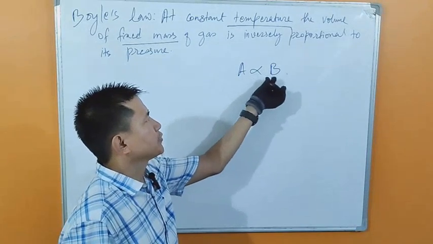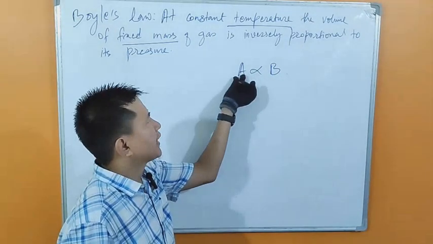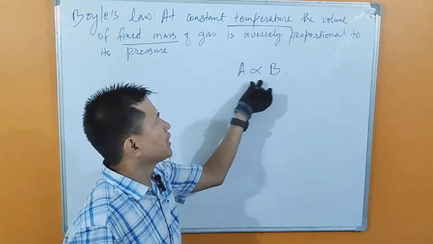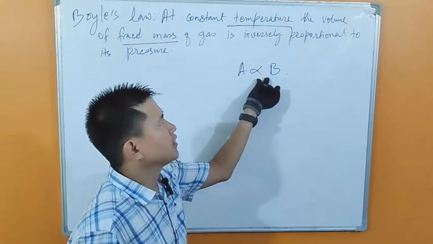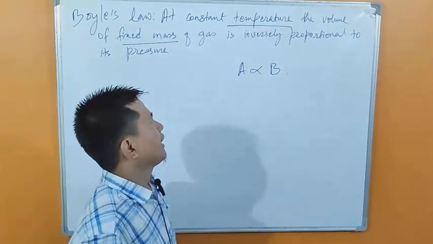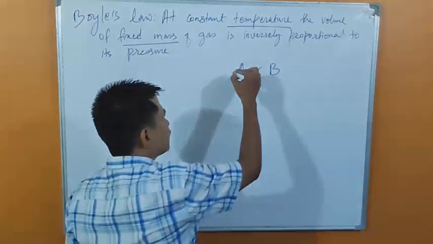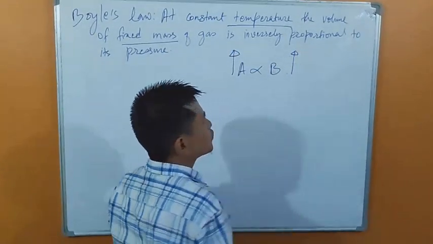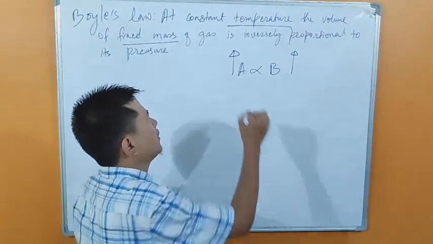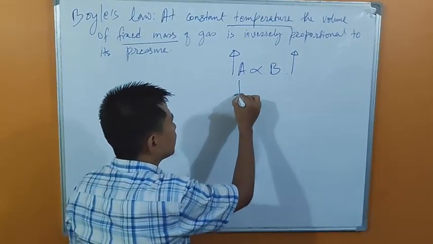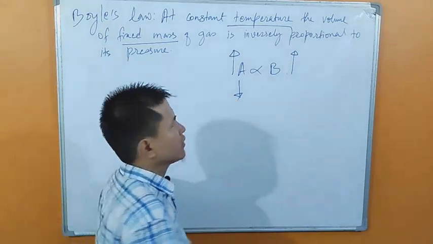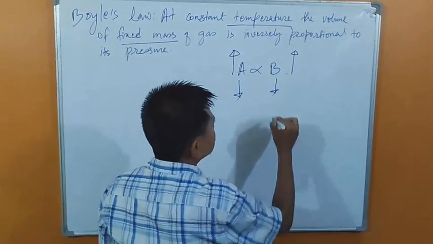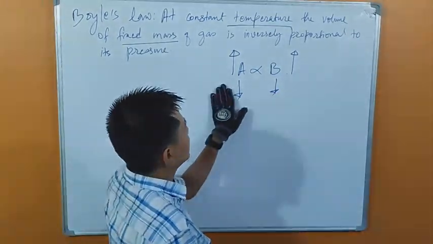A varies B. This can be read as A directly varies with B, or A is directly proportional to B. This means if the value of A increases, then the value of B will also increase at the same time, and similarly, if the value of A decreases, the value of B will also decrease at the same time.